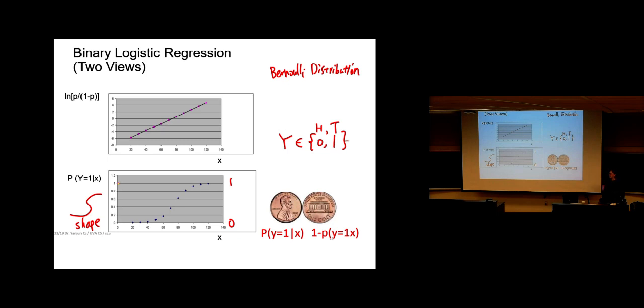I'm flipping a coin, and to model it I need a parameter to represent that distribution. It's P: the probability of being head, P hat. And of course, P tail is 1 minus P hat.